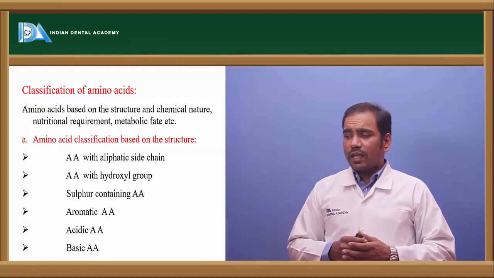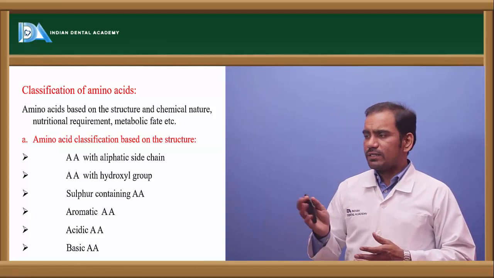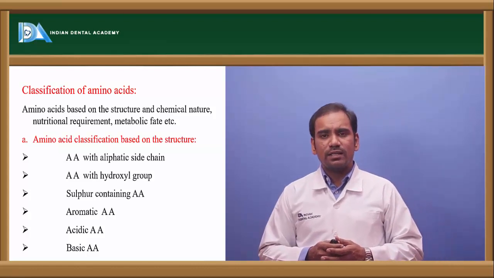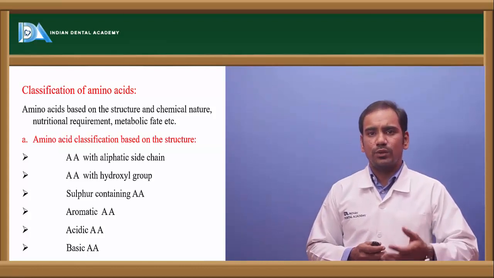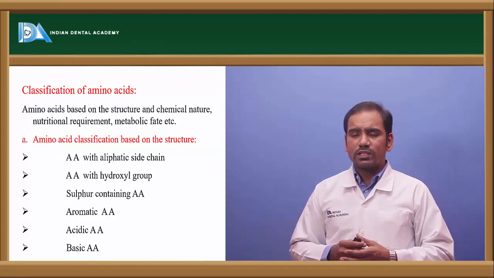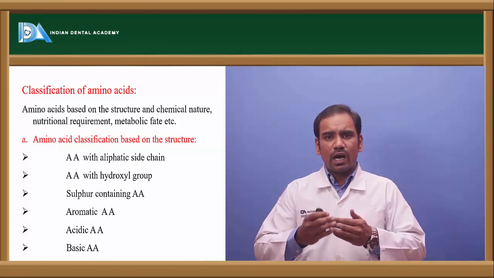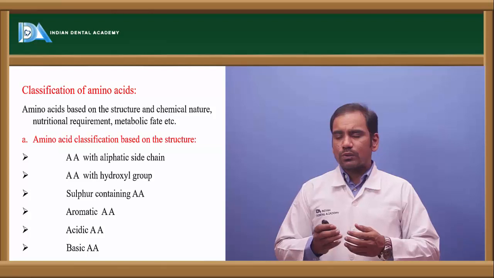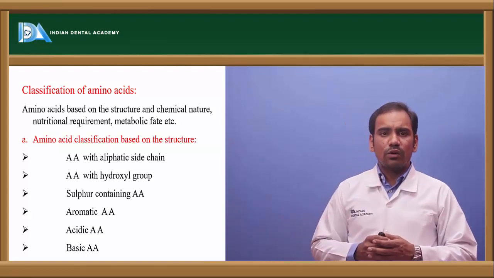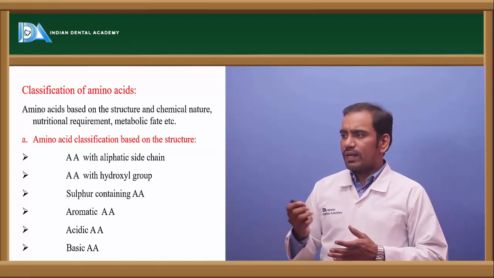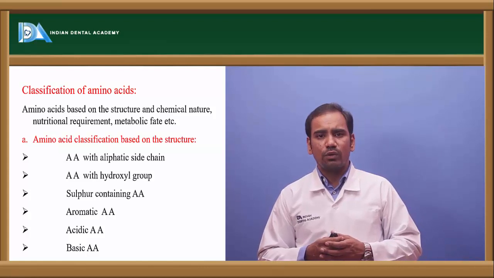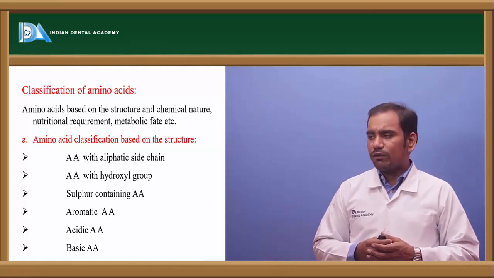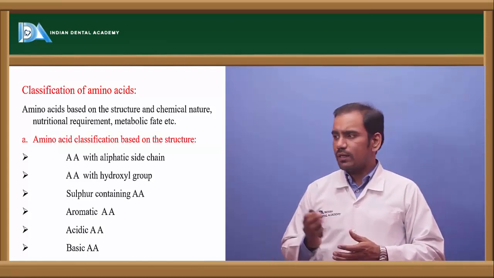Amino acids with aliphatic side chains are glycine, alanine, valine, leucine and isoleucine. Amino acids with a hydroxyl group in the R group are called hydroxyl group containing amino acids. Serine and threonine are examples.